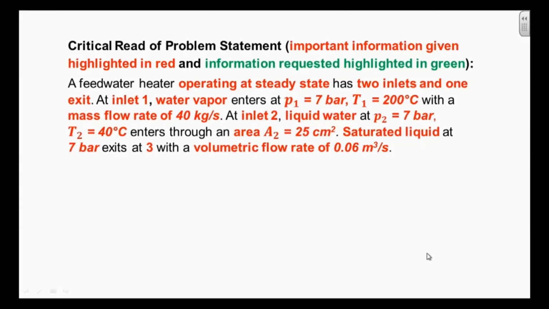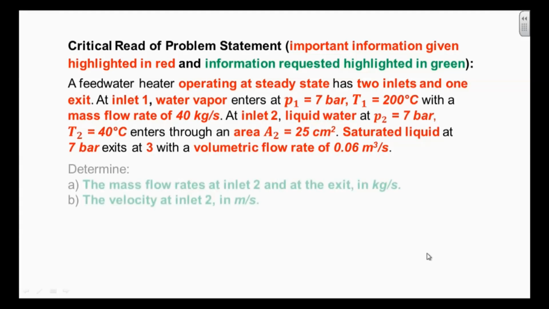Saturated liquid at 7 bar exits at 3 with a known volumetric flow rate. We're asked to determine the mass flow rates at inlet 2 and at the exit, both in kilograms per second, and the velocity at inlet 2 in meters per second.